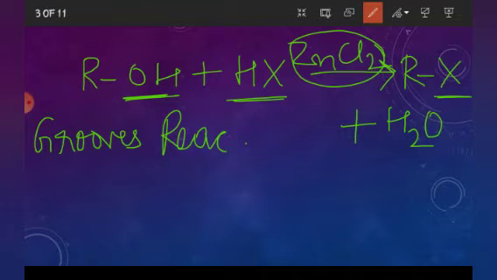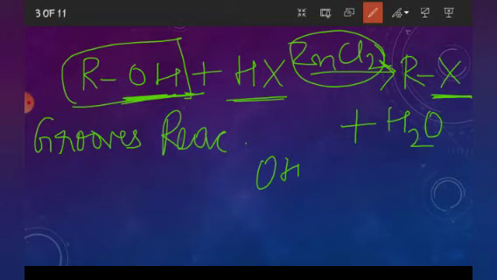This alcohol we take as the reactant and we replace the OH group by a halogen group to form the haloalkane. Here OH is OH minus, and X stands for halogen, which can be fluorine, chlorine, bromine or iodine, and it will also be negative.